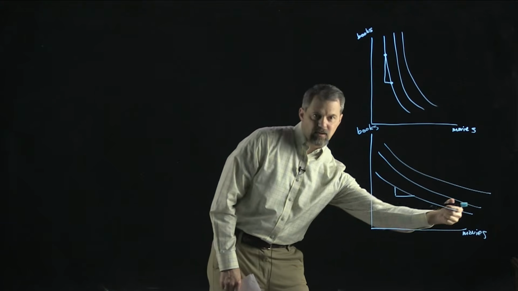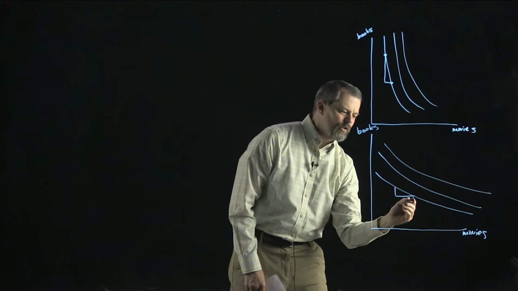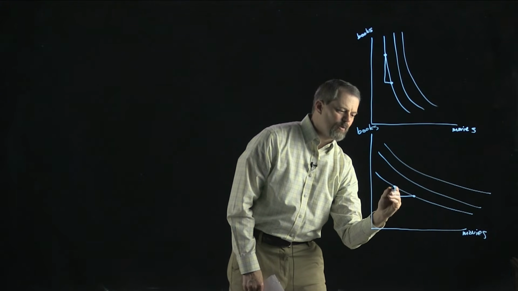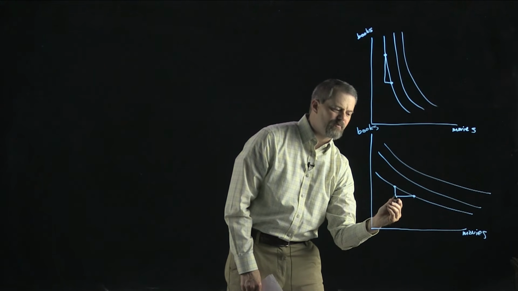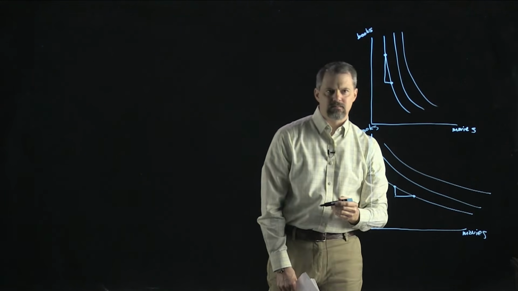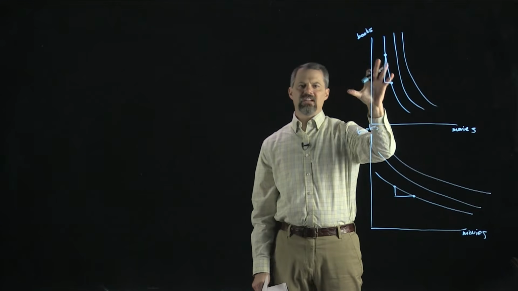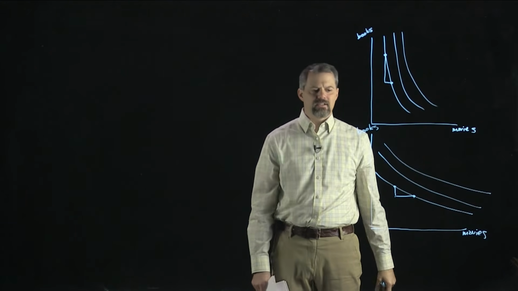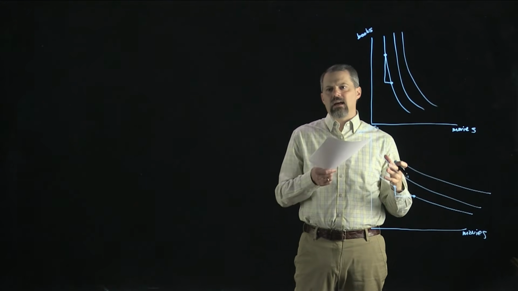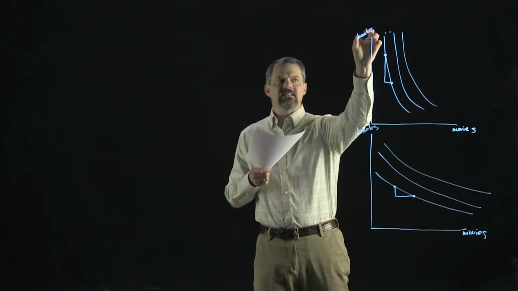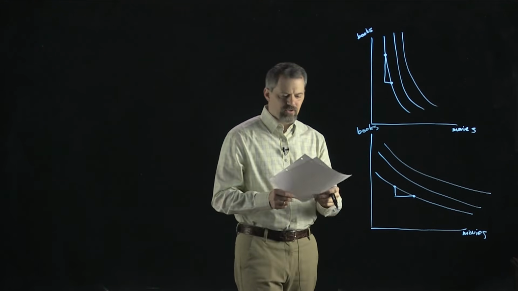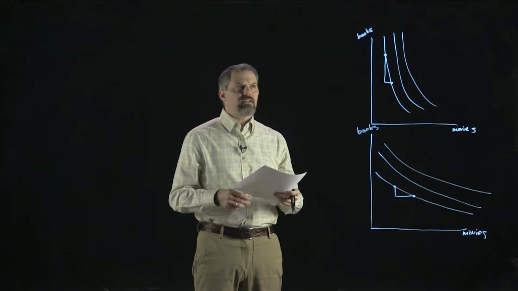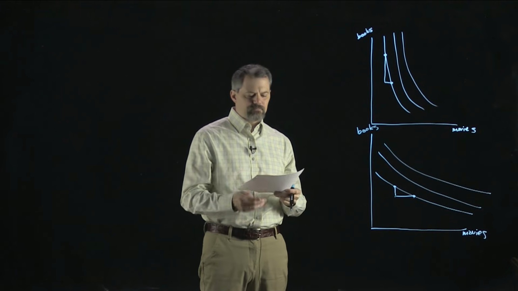In other words, if we think about going this way, if we consider this point and that one, the consumer's willing to give up a lot of movies for a little more books. So the steepness of these indifference curves tells us something about how much the consumer likes this good versus the other good.